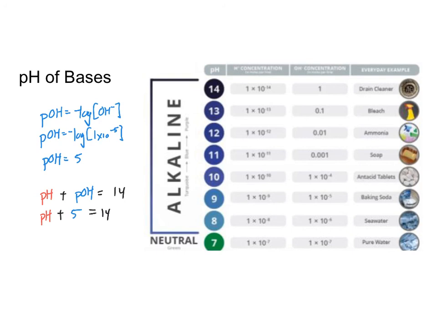I would then subtract the 5 from the other side and find out that the pH of this solution is equal to 9. The pH is always describing how much hydrogen is in solution, the relationship. So the lower the pH, the more hydrogen is dissolved in solution. The bigger the pH, the less hydrogen is dissolved in solution.